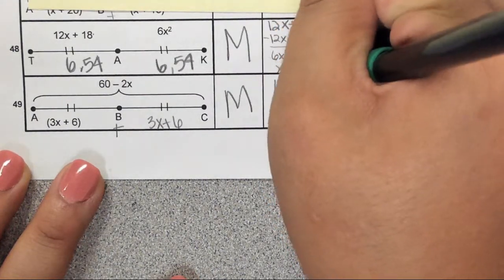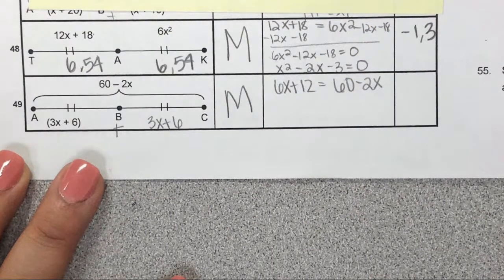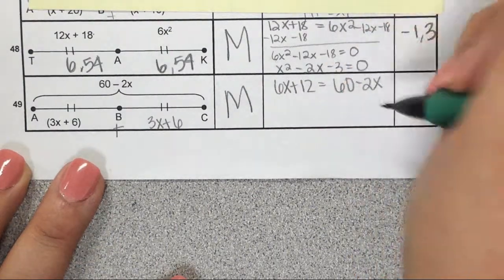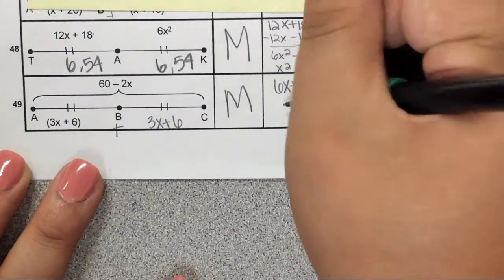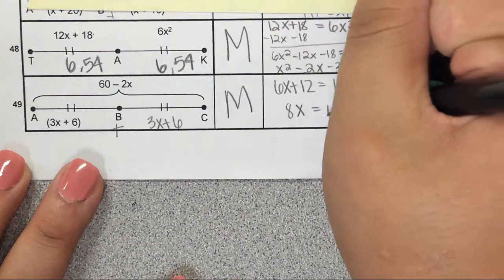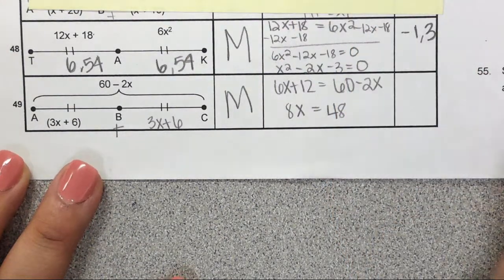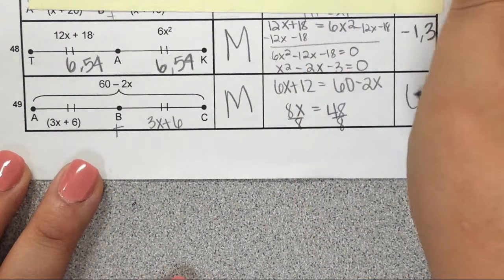I get 6x plus 12 equals 60 minus 2x. Does that make sense? So then I'm going to add 2x, which gives me 8x, and I'm going to subtract 12, and 60 minus 12 is 48. What's 48 divided by 8? 6.